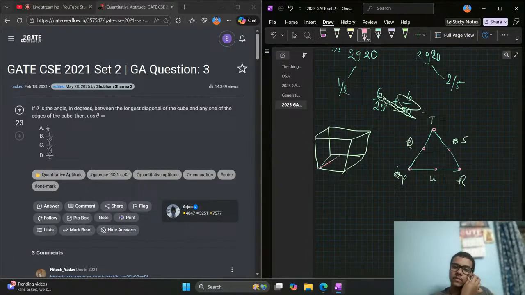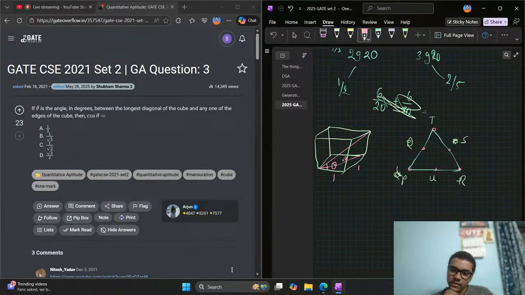So this is the longest diagonal from this corner to this corner. So how do you get cos theta? First, let this be 1 and let this be 1. According to Pythagoras theorem, this will be root 2.